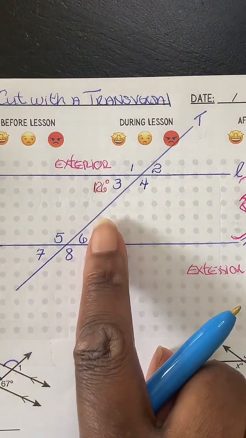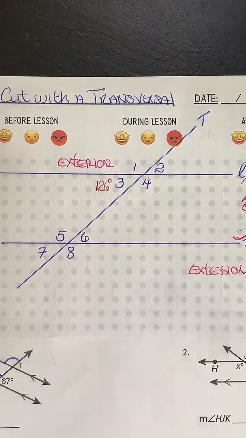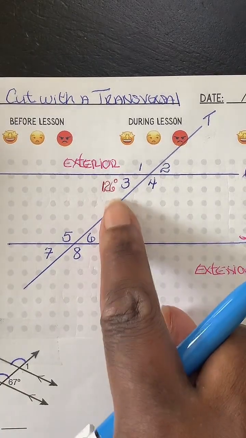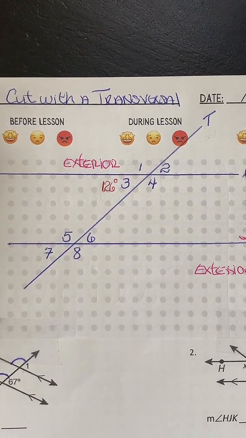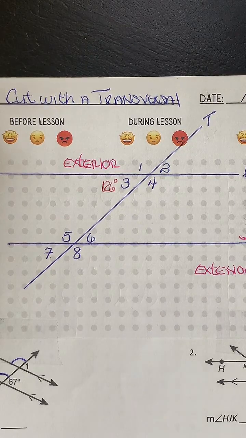Okay, so that's the measure of angle 3. Just by looking at it, we just know one angle. And just by knowing that one angle, we can get some more information. Anybody want to take a guess? Because once I show it to you one time, you're going to possibly get it. Anyone sees any other angles that may be similar or congruent?